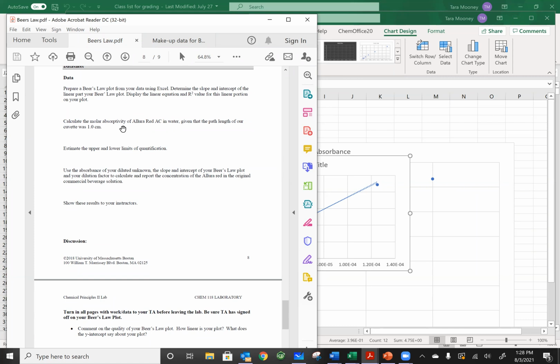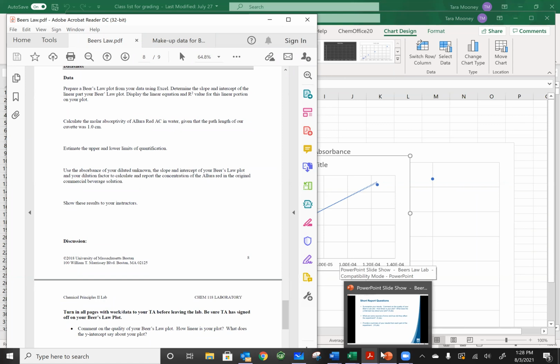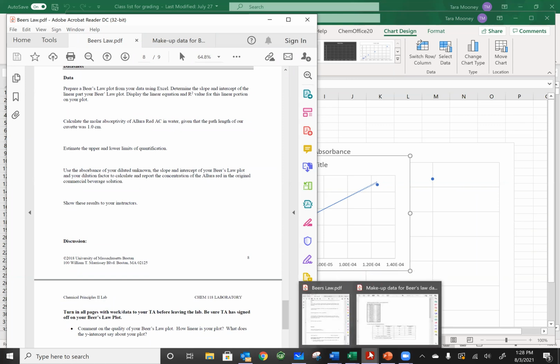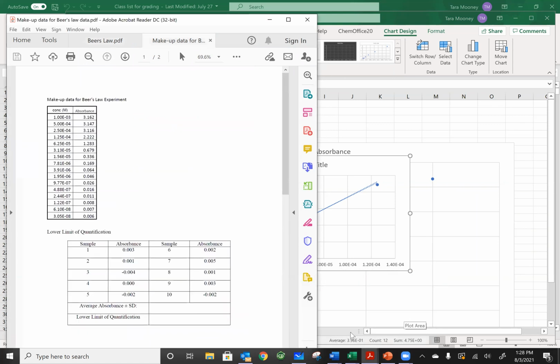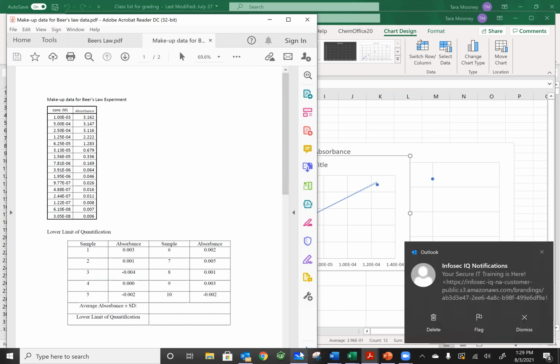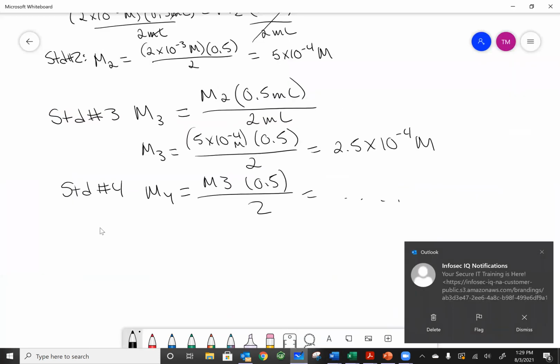For this, we can choose one of our linear data points. Let's choose one in the middle. So let's use 3.13 times 10 to the minus fifth. We'll use that data, and let's go back to our whiteboard.